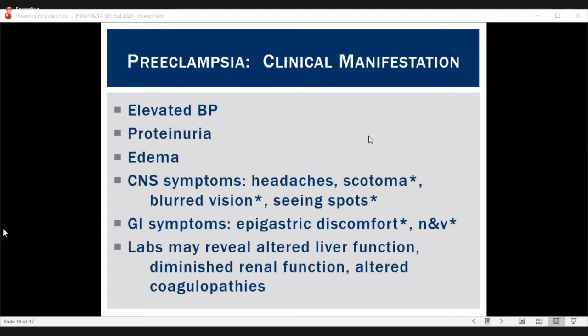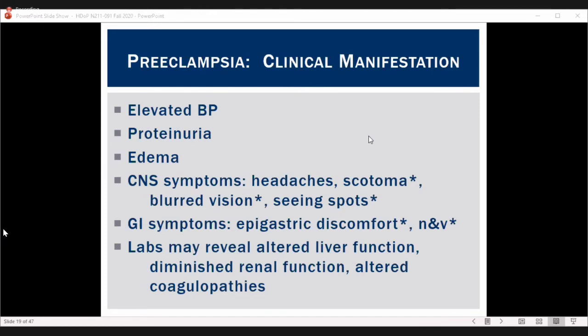Occasionally, you'll even have a preeclamptic patient who has epigastric discomfort, nausea, vomiting, and they'll seize. They might not even have the central nervous system symptomatology. They might just all of a sudden seize. But all of those things, you have to realize, are telling you the situation is getting worse.